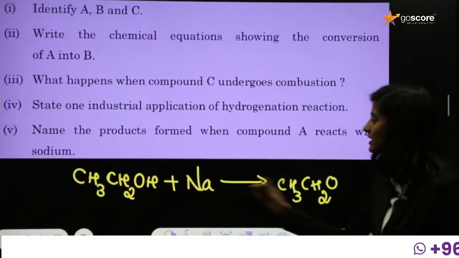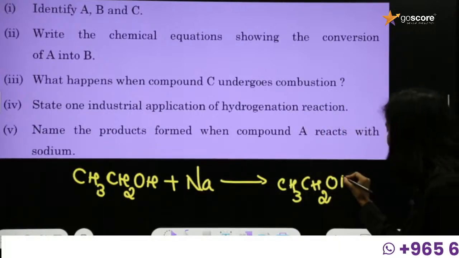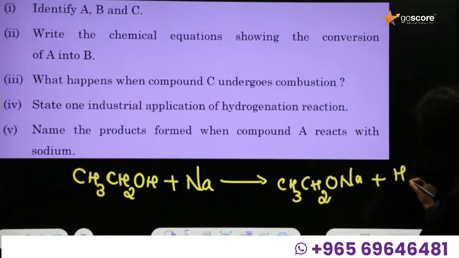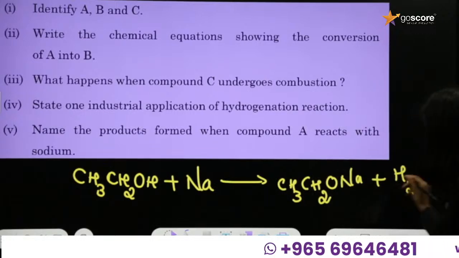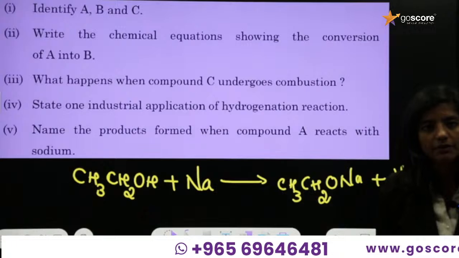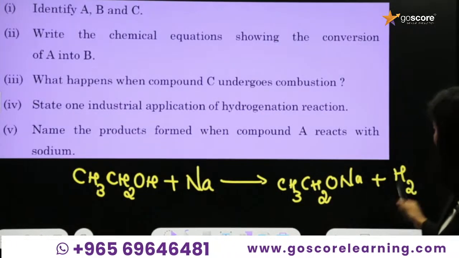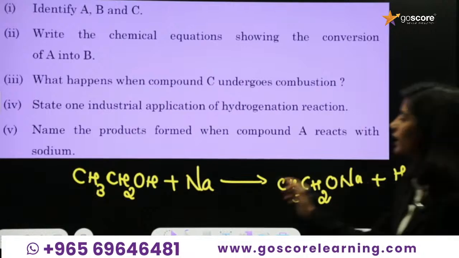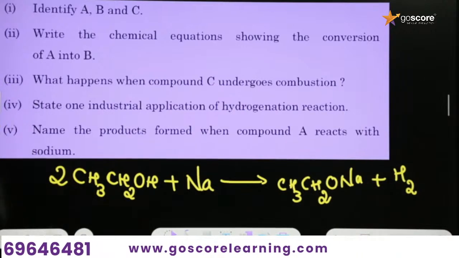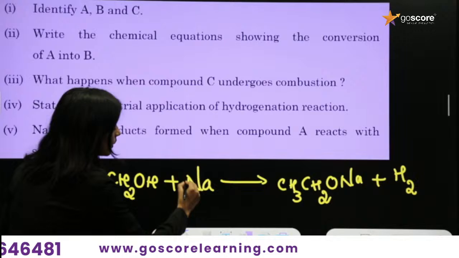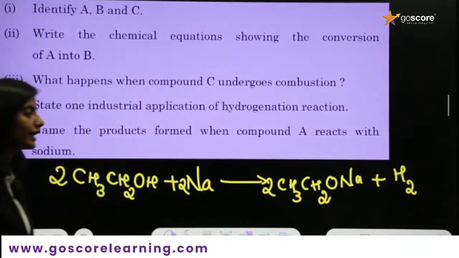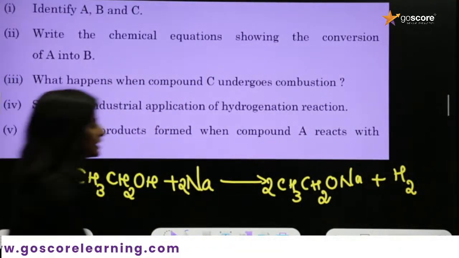Instead of H, you will get Na. And the hydrogen will be liberated, and hydrogen is always a diatomic molecule, H2. Don't leave it as H, you will lose the marks. So H2, in order to balance, 2 CH3CH2OH and 2 Na give 2 CH3CH2ONa. This is your sodium ethoxide.